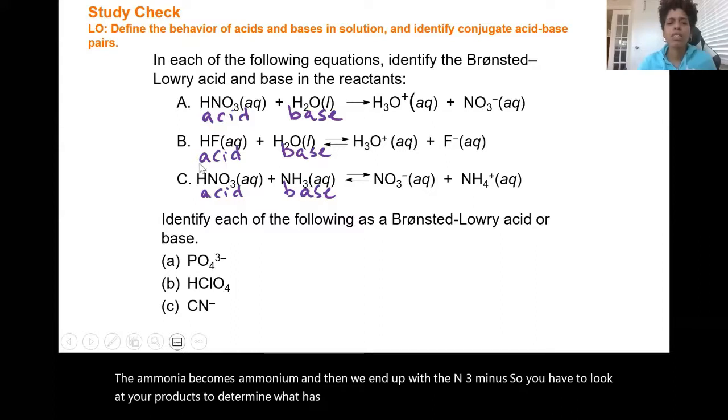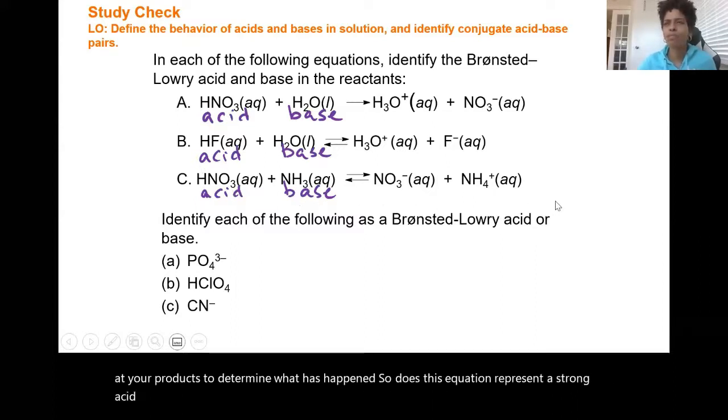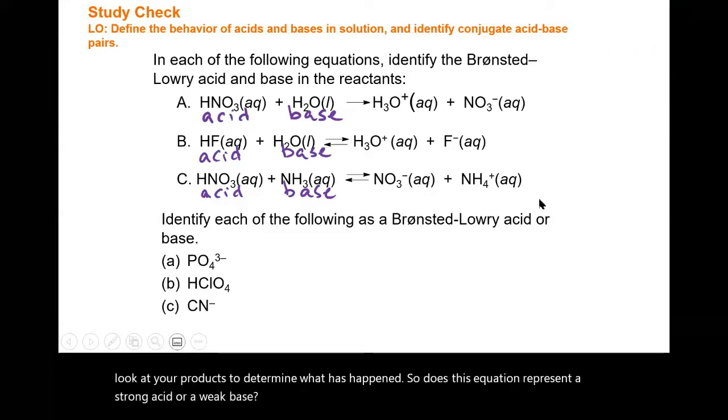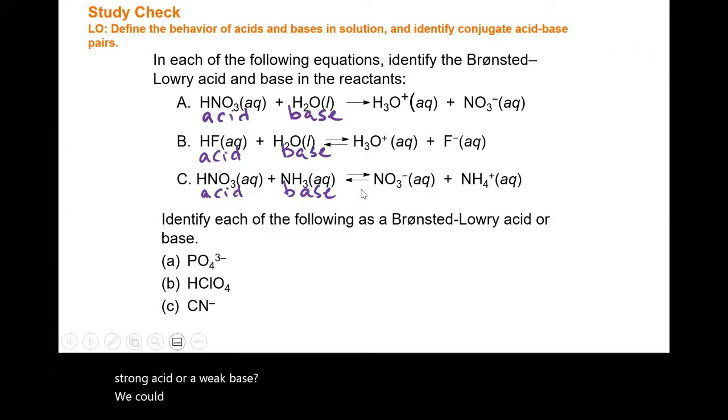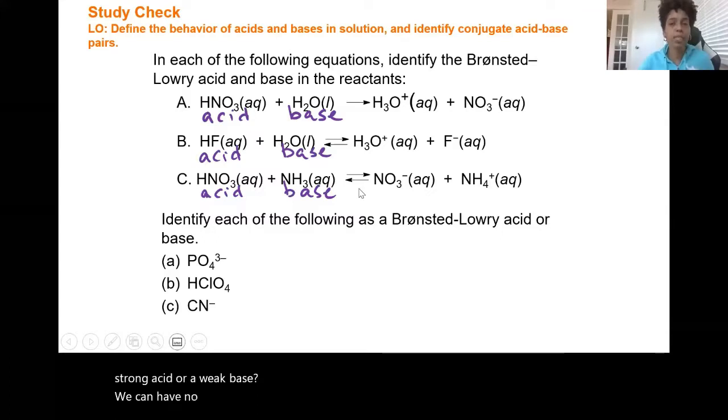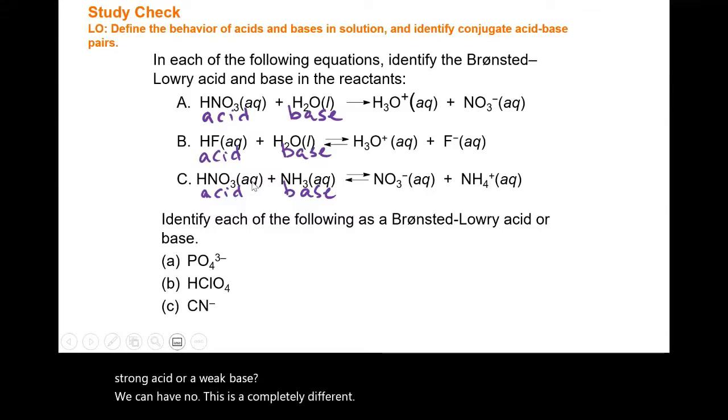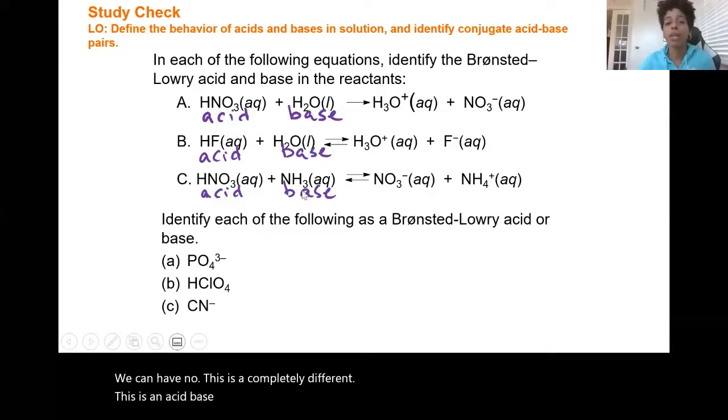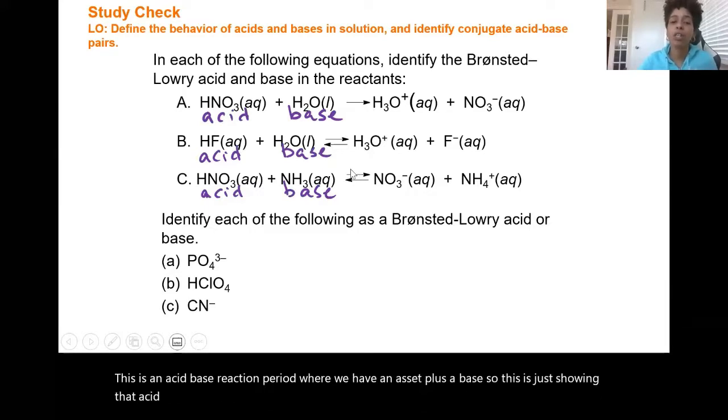So does this equation represent a strong acid or a weak base? Weak because it has 2 arrows. No, this is completely different. This is an acid-base reaction, period, where we have an acid plus a base. This is just showing that acid-base reactions make it to an equilibrium situation.